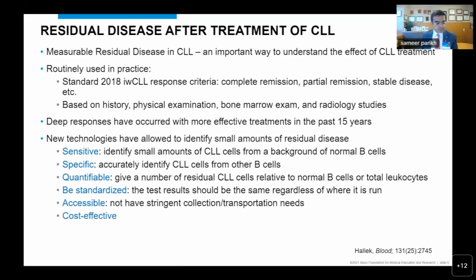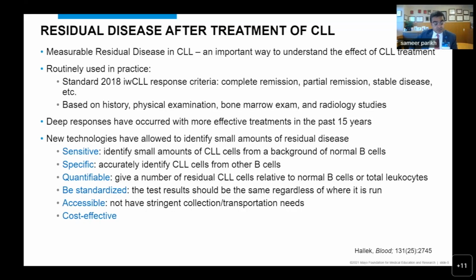And so as we ponder the next technologies that are available at our fingertips to do something like this, I think it's important for us to have tests that satisfy many of these criteria. They should be sensitive, meaning they identify small amounts of CLL.